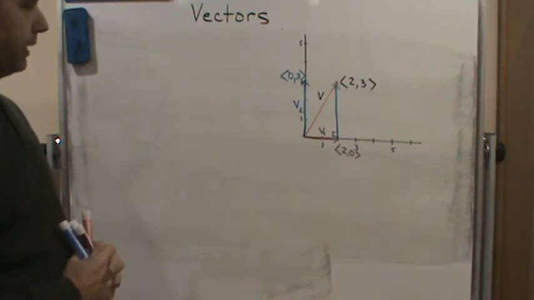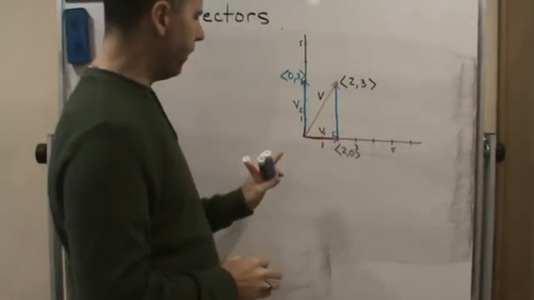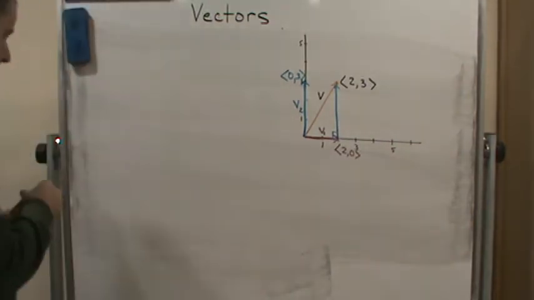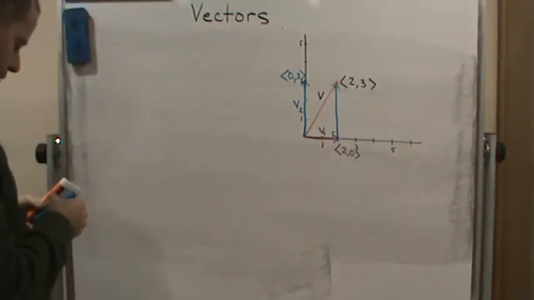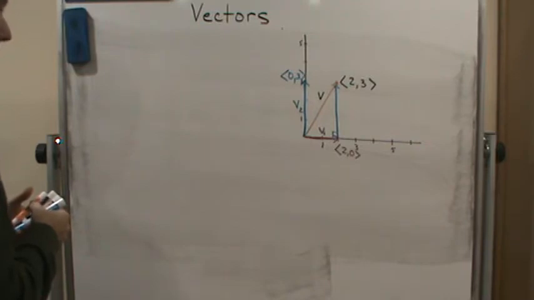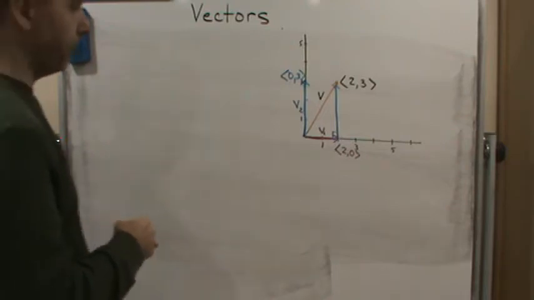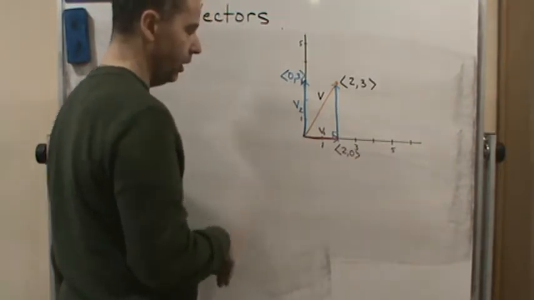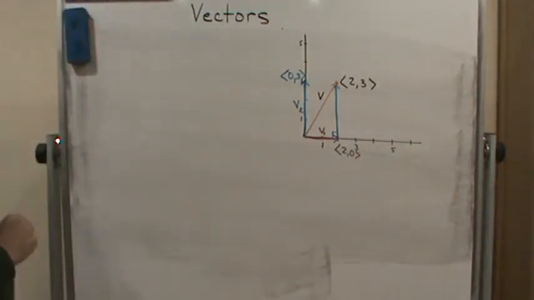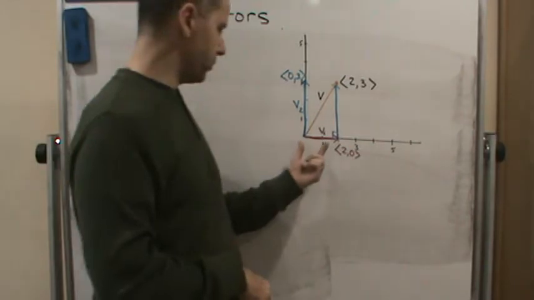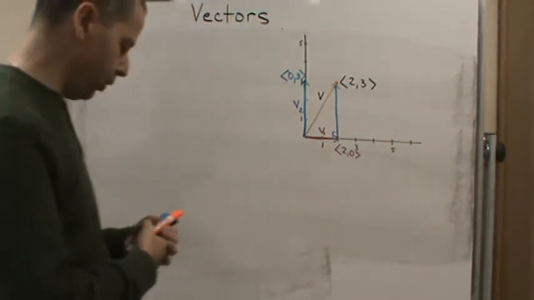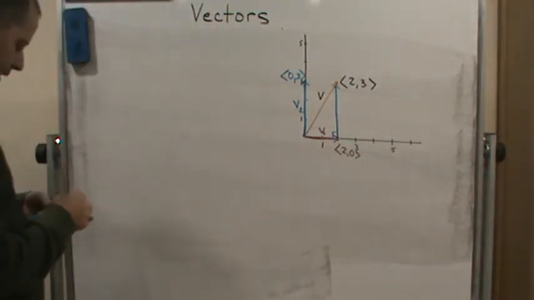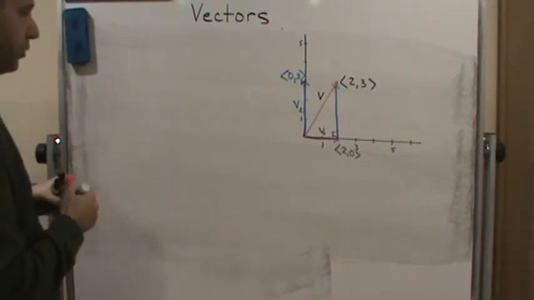And so we can also verify the magnitude of these two vectors. Remember, we know how to find the magnitude of the resultant vector, but we also know how to find the magnitude of the component vectors. So let's look at that for a moment, just so you can see the connection between the two.